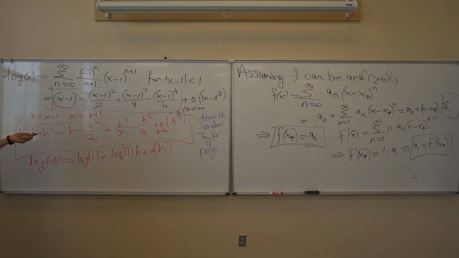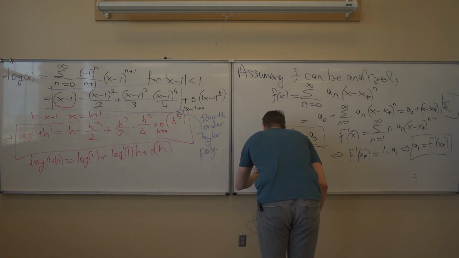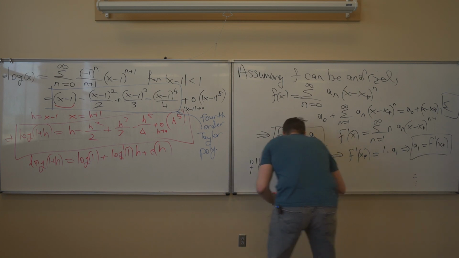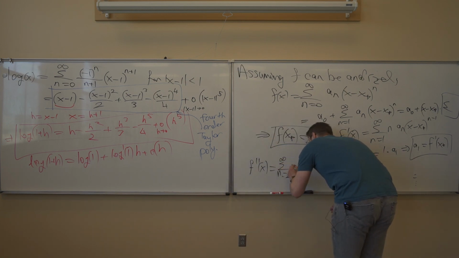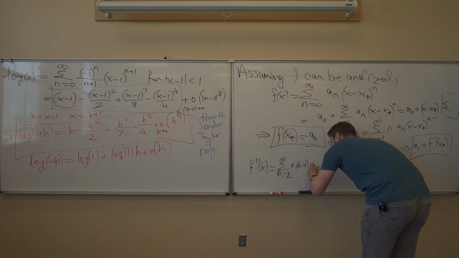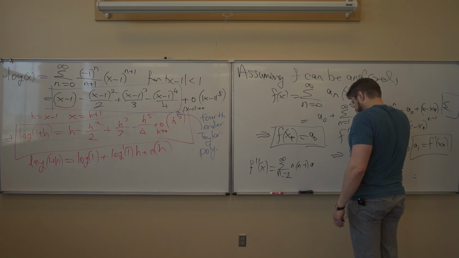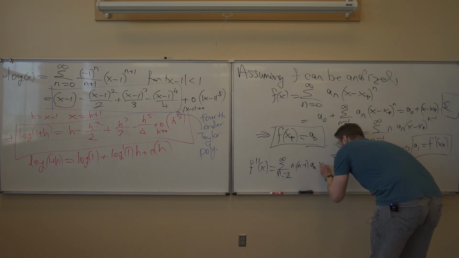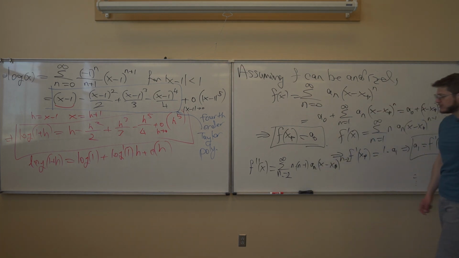And of course, I can take the second derivative. I can take as many derivatives as I want. Let's do one more. n from 2 to infinity, n times n minus 1, a sub n, x minus x star raised to the power n minus 2. Hang on, is it like this? Yes, that's true.